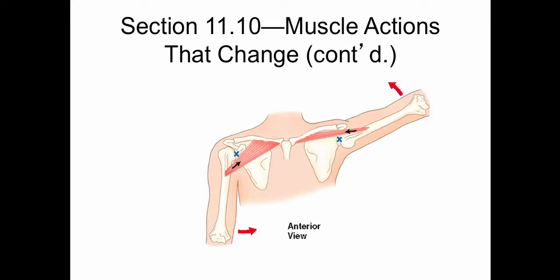However, if the arm is abducted to approximately 100 degrees or more, the orientation of this muscle relative to the shoulder joint changes from being below the center of the joint to being above the center of the joint. That means that this muscle can abduct the arm at the shoulder joint when it's in this position.